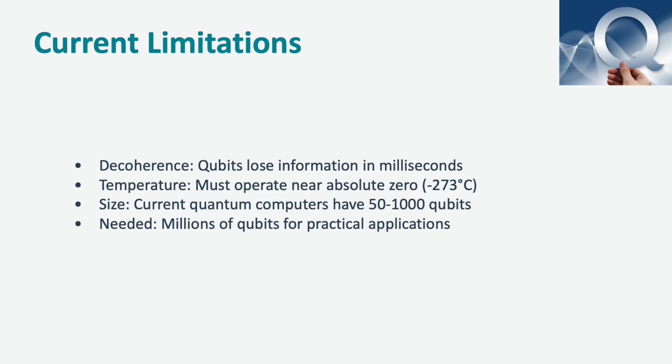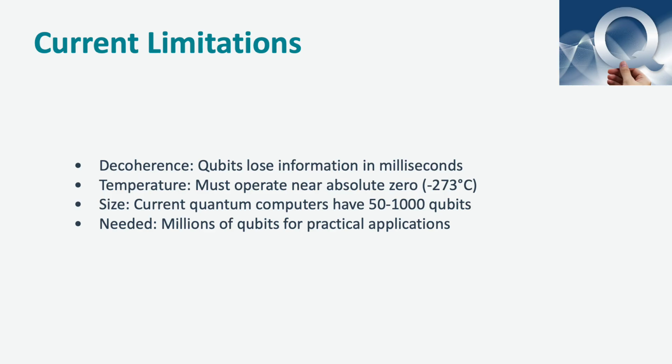Regarding scale, IBM's current record-setting quantum computer has about 1,121 qubits, and the Google system has 105 qubits. While this sounds impressive, estimates suggest that we will need systems with millions of high quality, error corrected qubits to solve most practical problems.